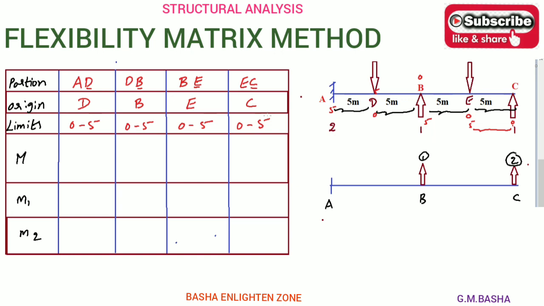And what about this M? M is the moment which can be obtained by using the given loading conditions. And what about this M1? This M1 will be the first unknown force moment, and M2 is based on the second unknown force moment.